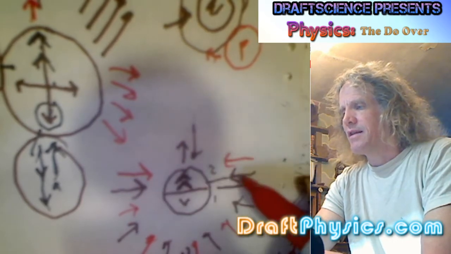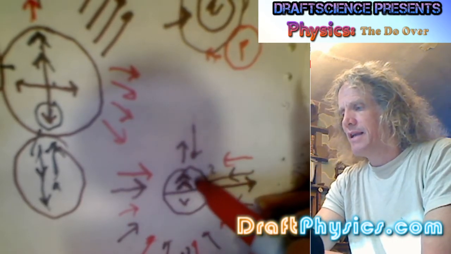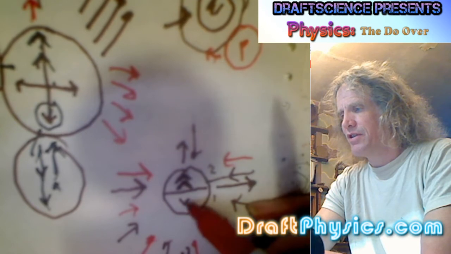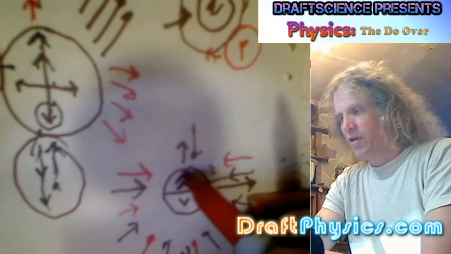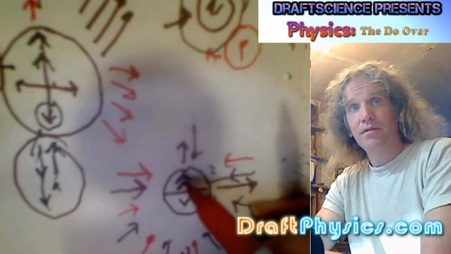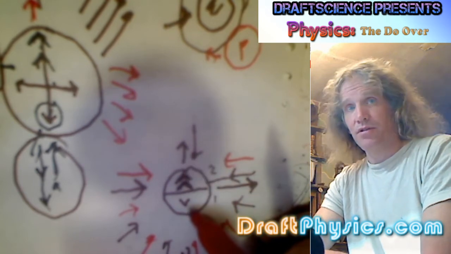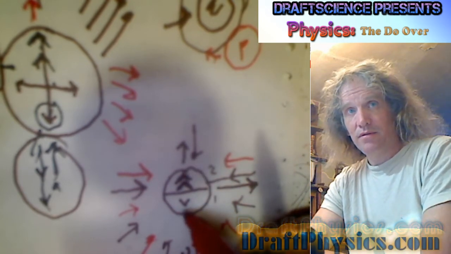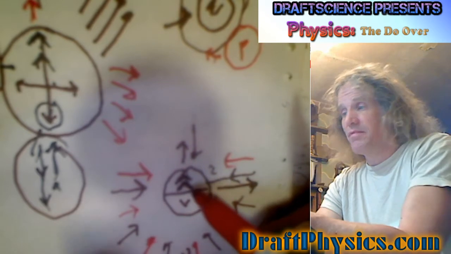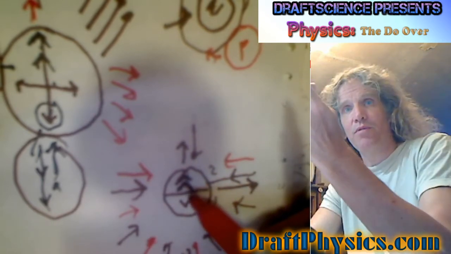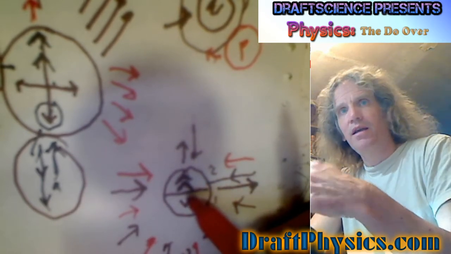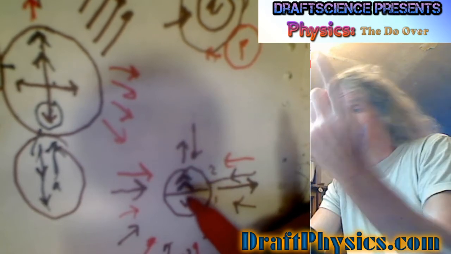So the point is that your odds of having an impact with this energy, it's more likely you're going to hit the side that has two of them than the side that has one, just because there's three things, two of them are going one way, one of them's going the other way. The odds are you're going to hit one of the ones going that way.